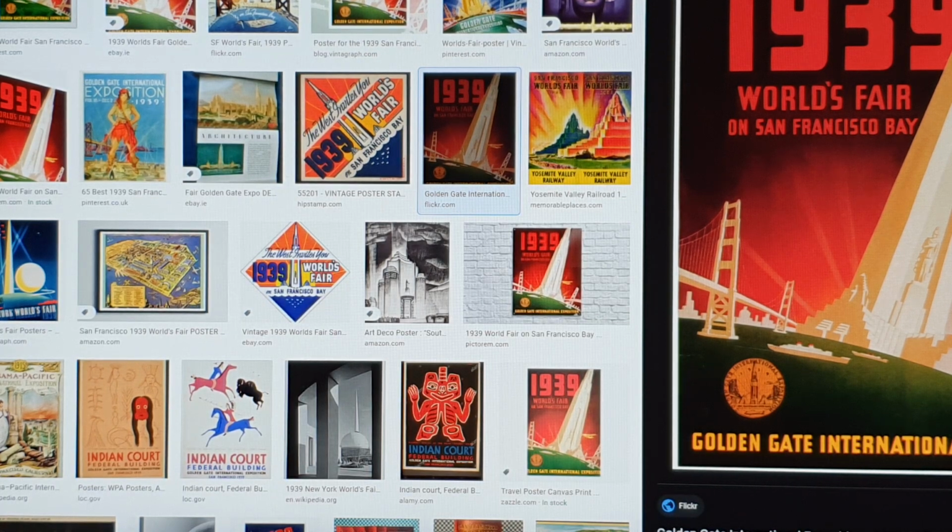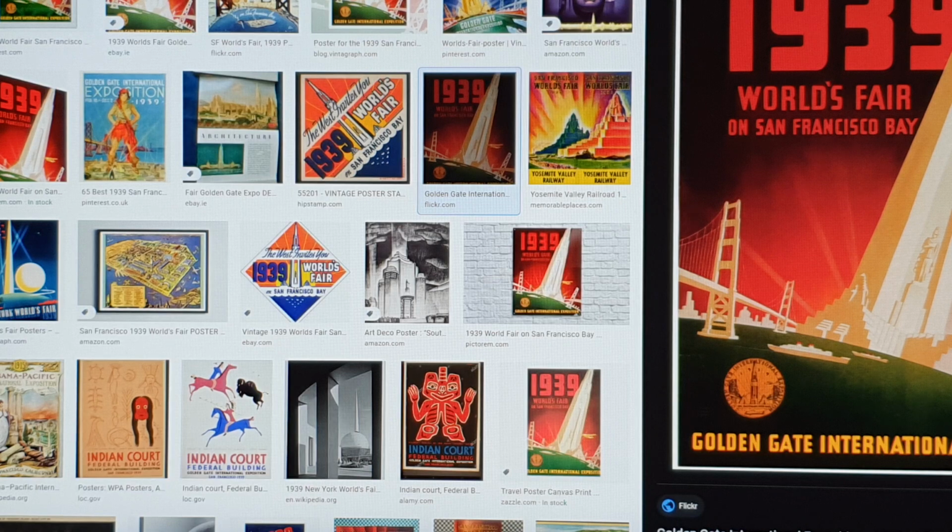The first World Fair, well, actually, this is the San Francisco one. It's not the New York one. So it's interesting that in America you seem to have two at the same time. You had this one, and it's probably not quite in the frame there, but you can see the poster. And you had the one in New York.